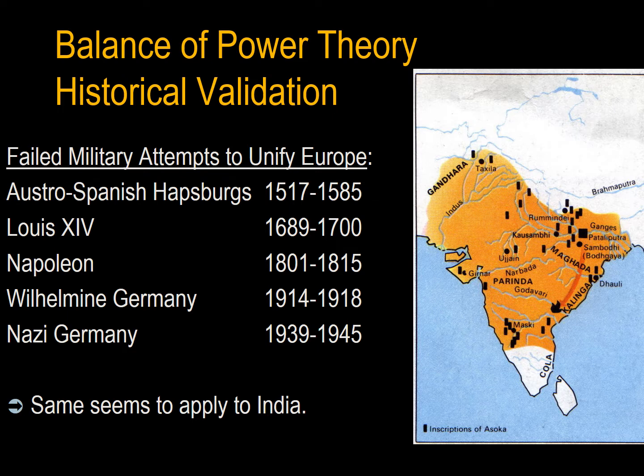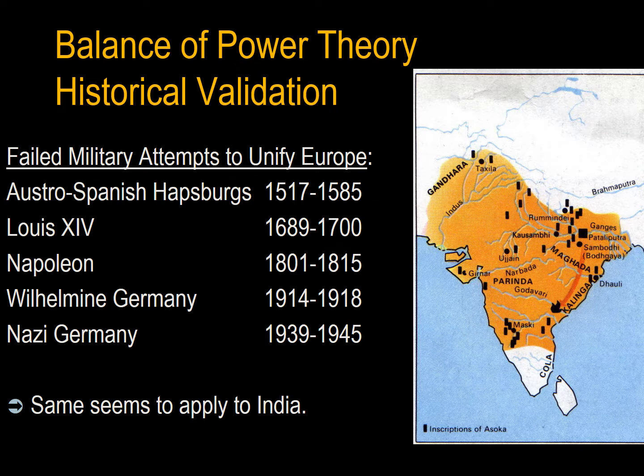Louis XIV's wars. He tried to expand all the way to Jerusalem, but was blocked by a coalition of Austrians, English, and Dutch. The Napoleonic Wars, which unified Europe for a while, but never overcame the resistance of England. The Wilhelmine Germans, that ultimately ended up in the First World War. And the attempt by Nazi Germany to create a new order in Europe.